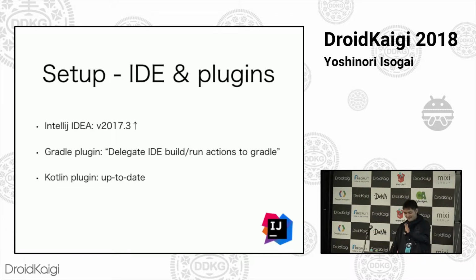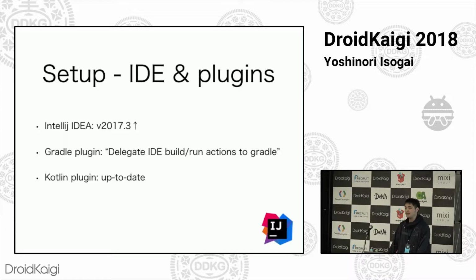The fourth one is the IDE and its plugins. IntelliJ IDEA 2017.3 or higher is required to open the Kotlin project. Both community and ultimate versions work fine. I use both of them. For the Gradle plugin setting, to run tests easily, select delegate IDE build/run actions to Gradle.